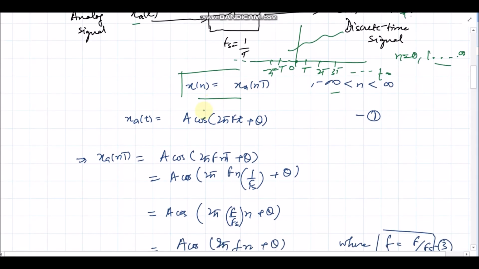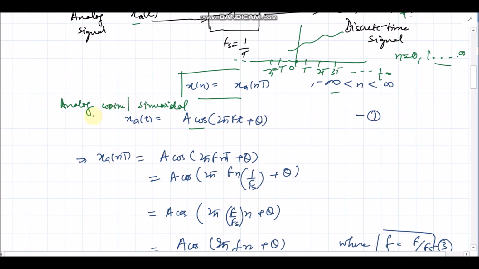From our previous discussion, we already know the analog sinusoidal signal: xa(t) equal to A cos(2 pi f t plus theta), where f is the analog frequency, theta is the phase, and t is the time.